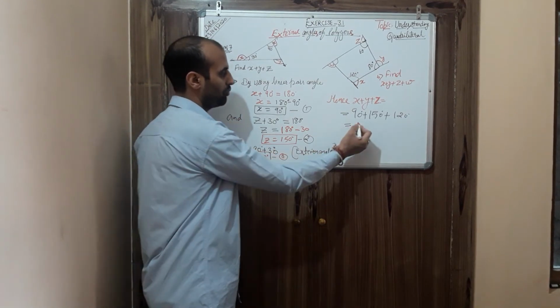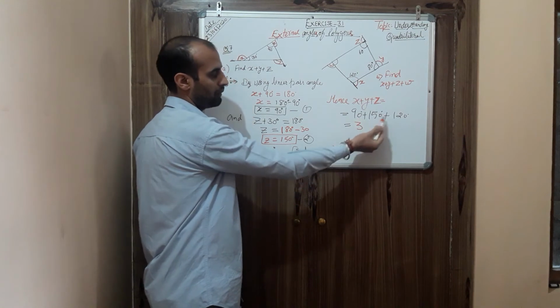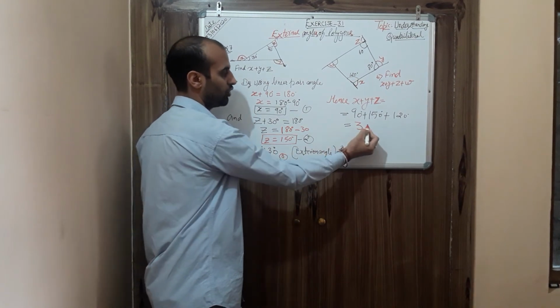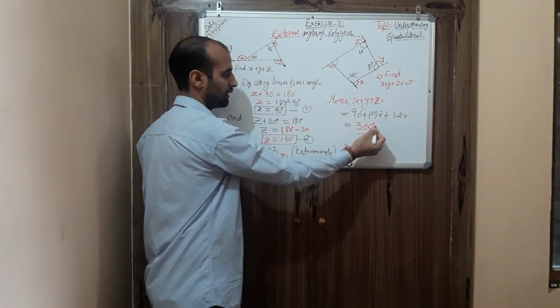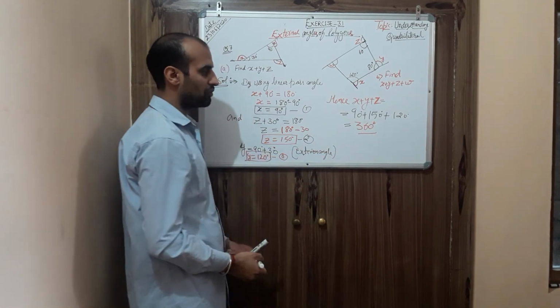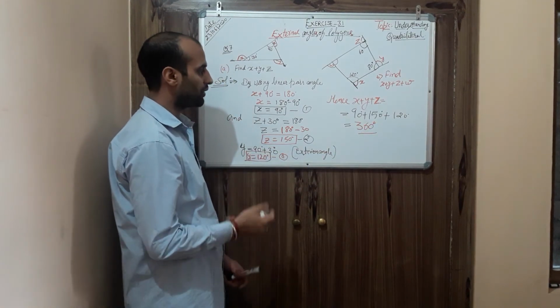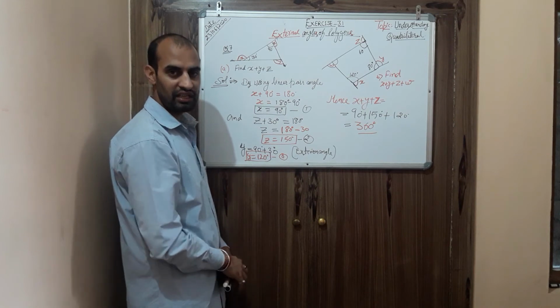After adding, 150 plus 120 plus 90, overall you will get 360 degrees. So this is the sum of all the exterior angles of a triangle, that is 360 degrees.